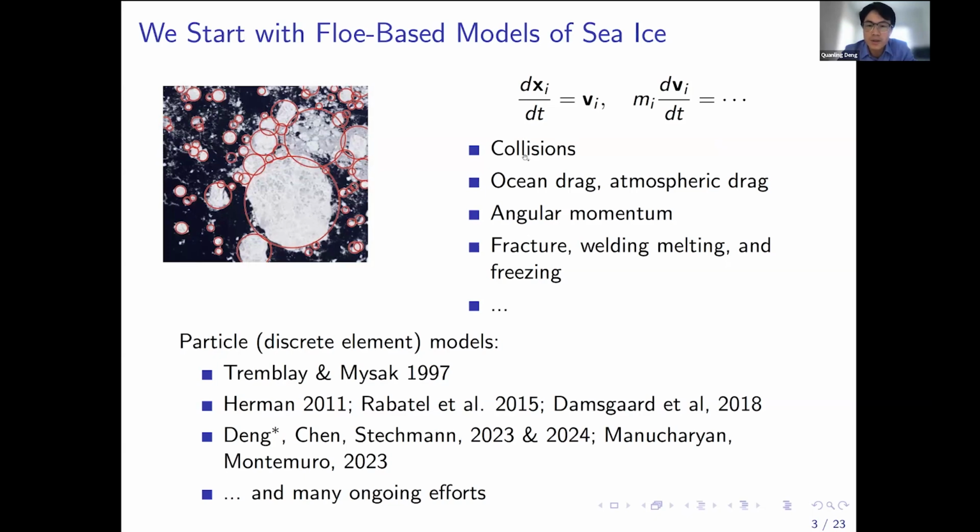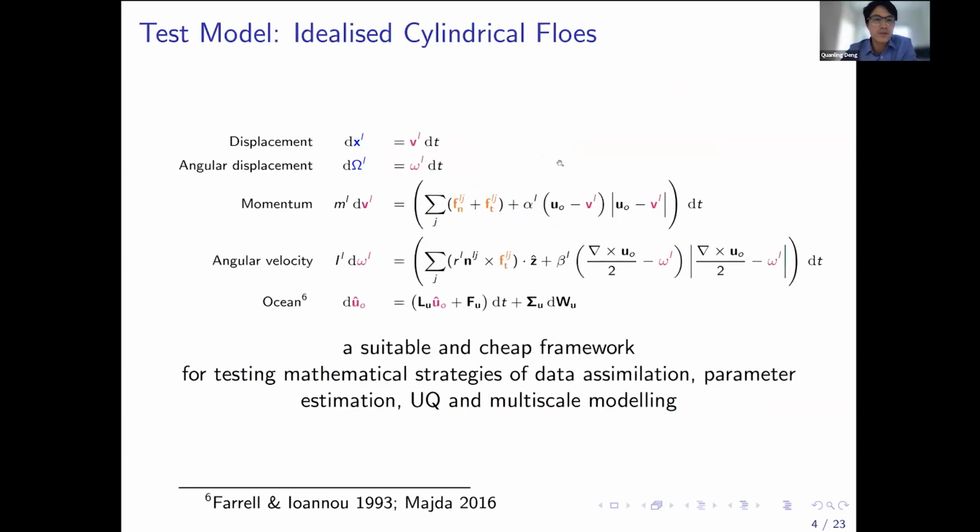This model captures collision, ocean drag, and other features, though right now it's in a very idealized setting. So we consider the displacement and angular displacement as simply as these equations, and then momentum, Newton's second law. We have the collision.